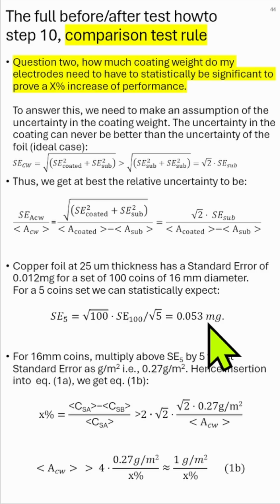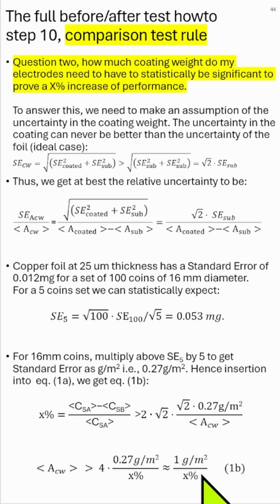times 5, right? So this gives us the equation 1b, that the coating weight must be larger than about the inverse of the boost performance in percentage.